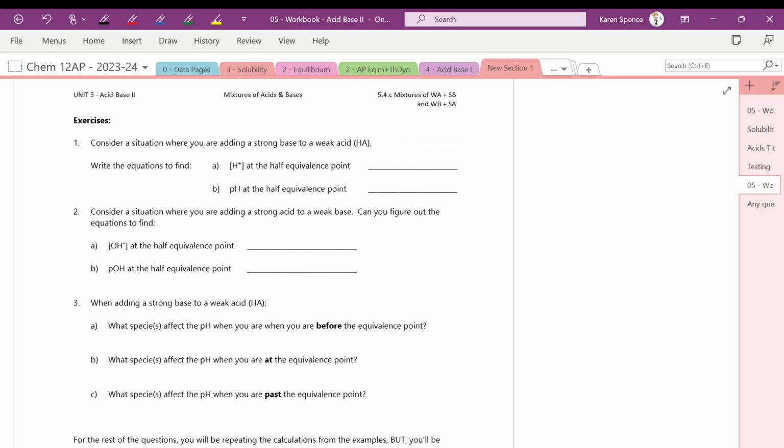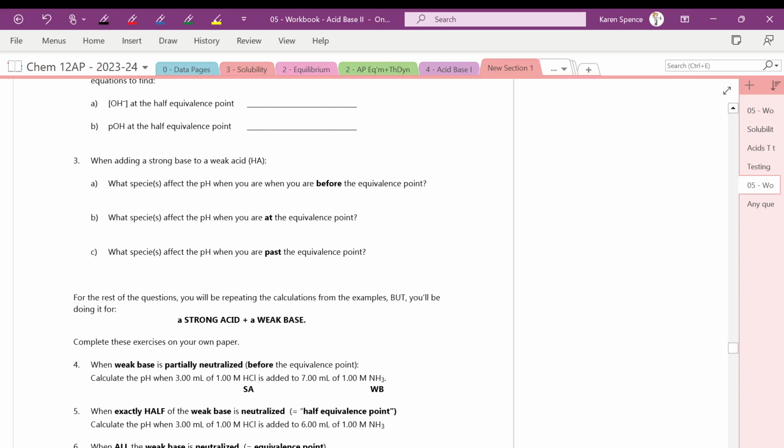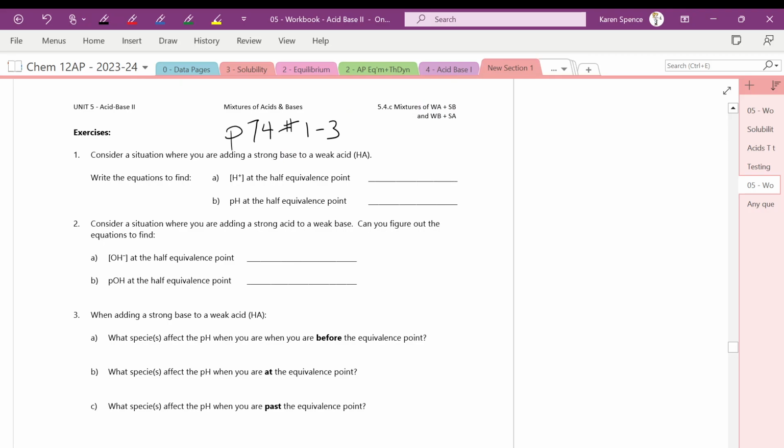If you have time to do more than 3, go for it, okay? Actually, you know what? Let's also do number 4, just because it's one big question, a bunch of small questions. Okay? 1 through 4.